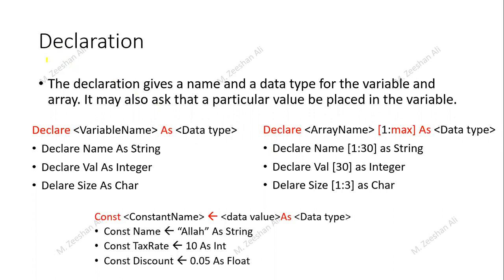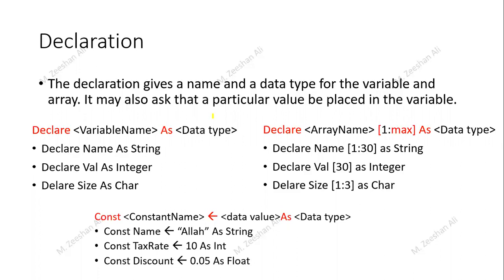The very first topic is declaration. As in our previous video, we have discussed that we have different data types, and we declare different variables, arrays, and constants. So what is declaration?